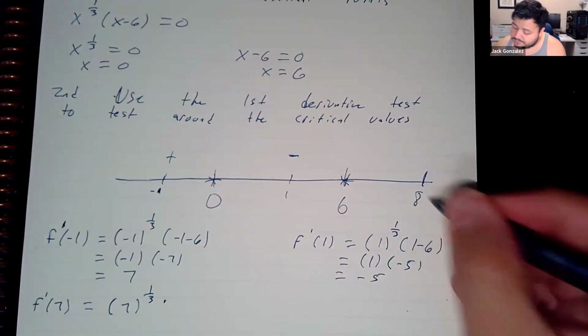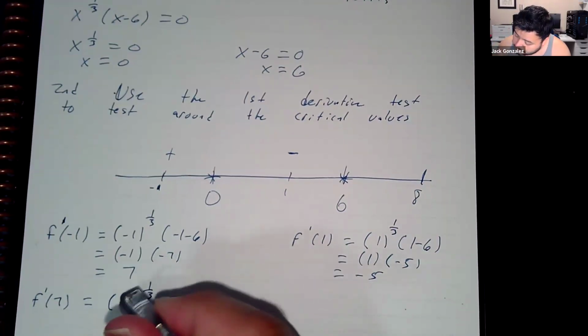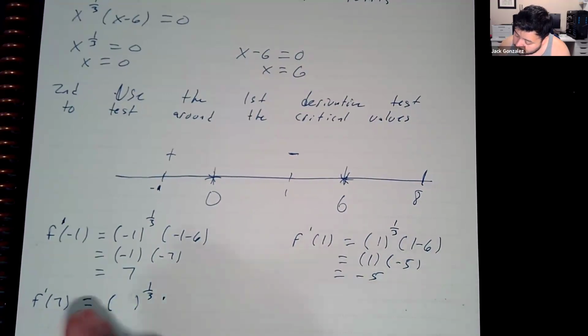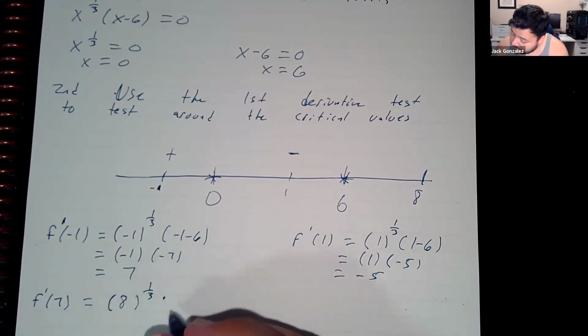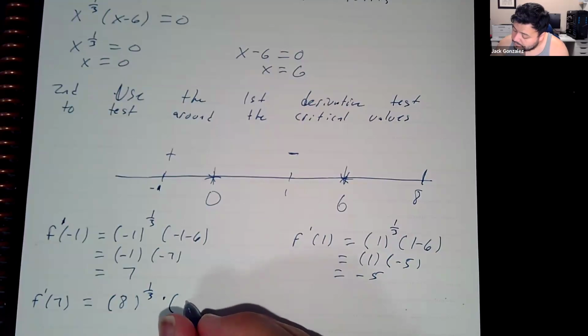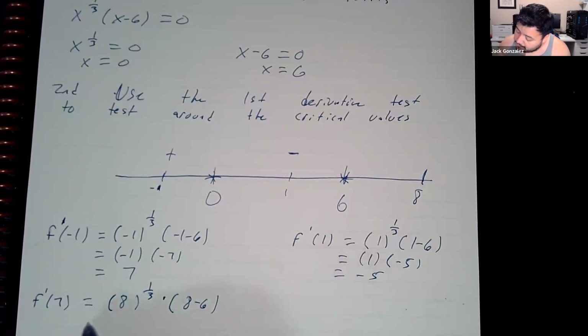Or you can use your calculator, doesn't matter. 8 minus 6, so cube root of 8 is 2. 8 minus 6 is 2. So that's positive.